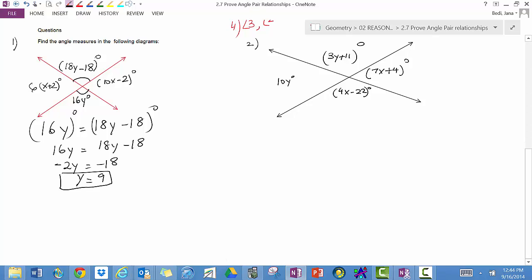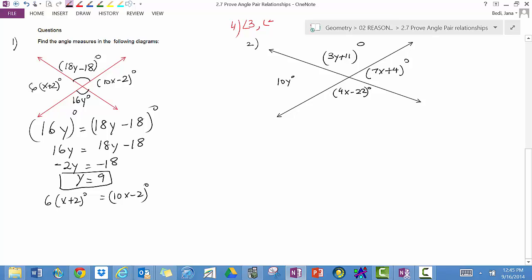Y equals 9. So I could also solve for x in the same way, and I would say 6x plus 2 degrees equals 10x minus 2 degrees.